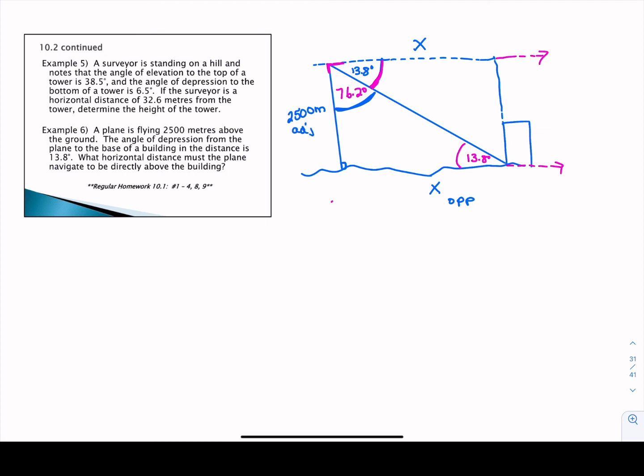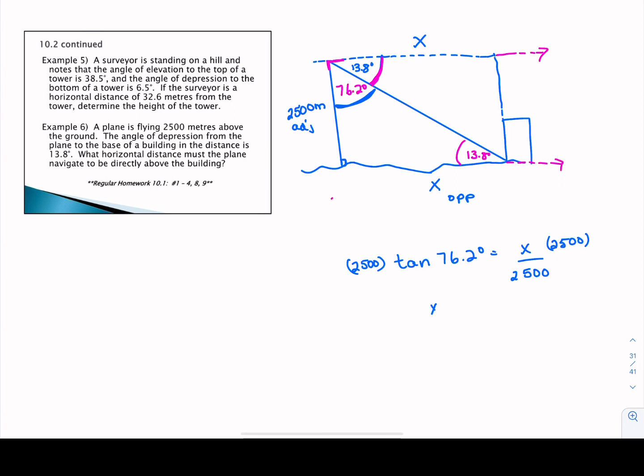So opposite and adjacent is a tangent ratio. So we would say the tan of 76.2 degrees is the opposite side of x divided by the adjacent side of 2,500 meters. So once again, this is just a quick little cross multiply or clearing of our fractions to solve.